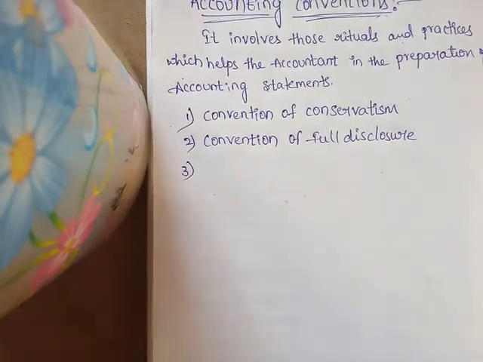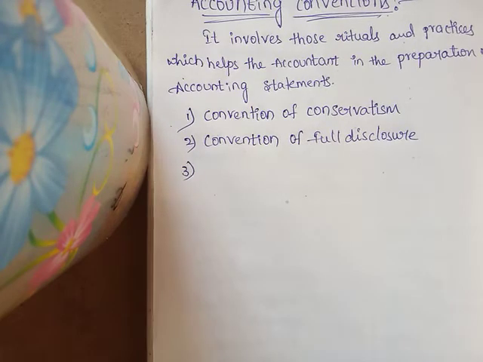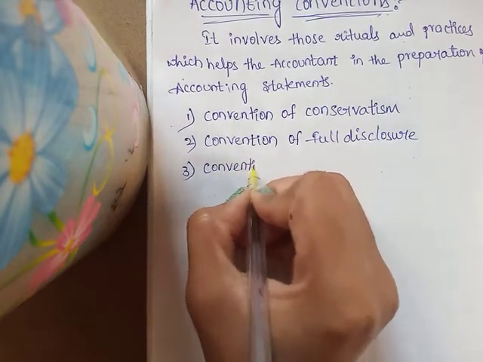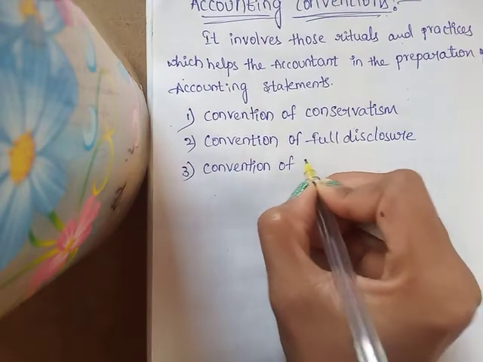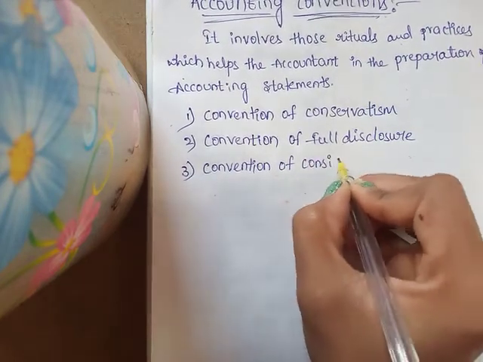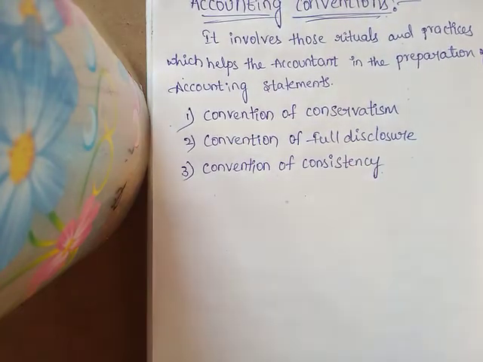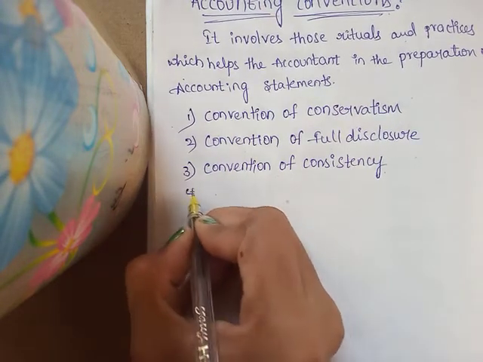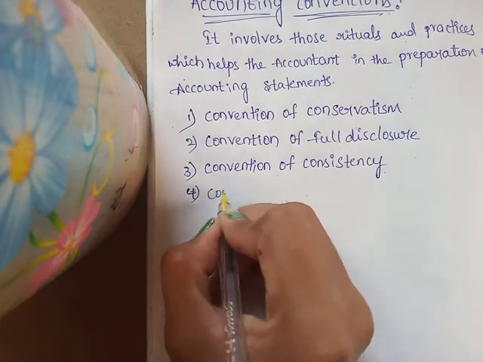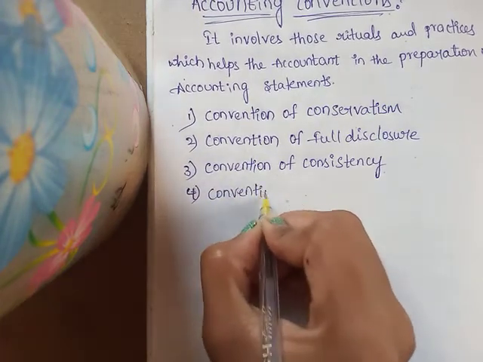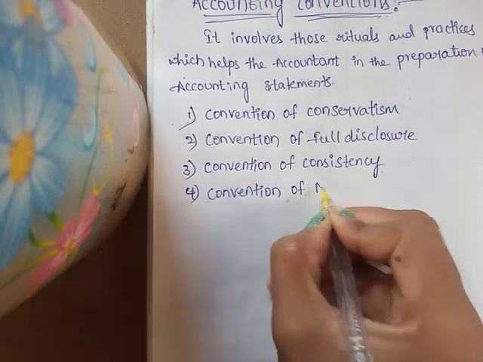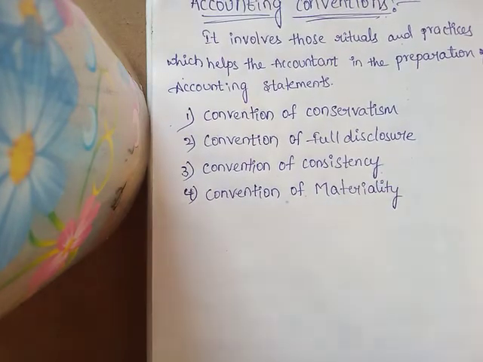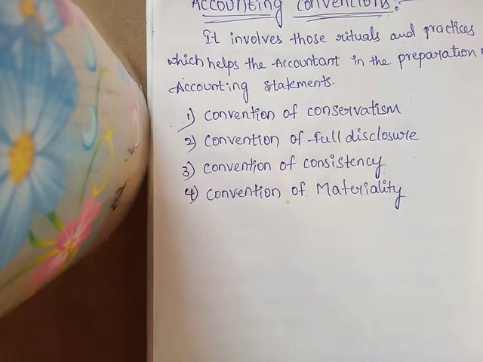Next is convention of consistency. Next, last is convention of materiality. Okay, so these are the several accounting conventions.